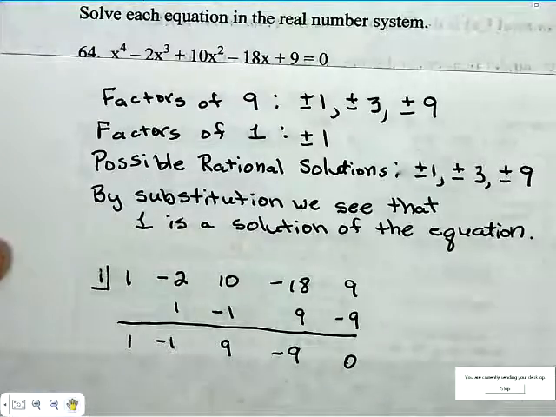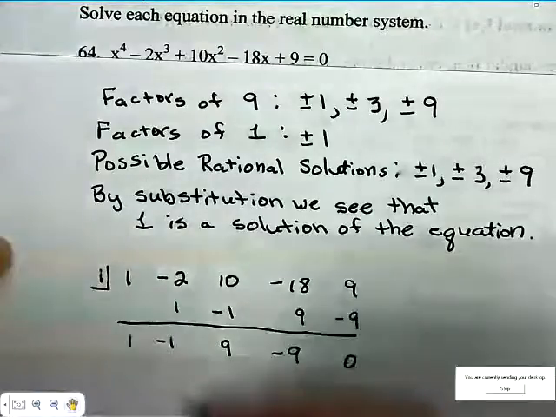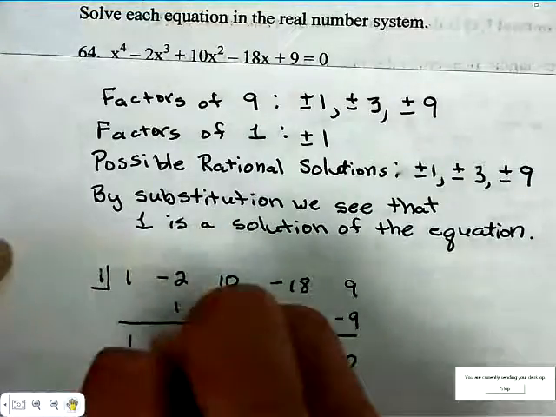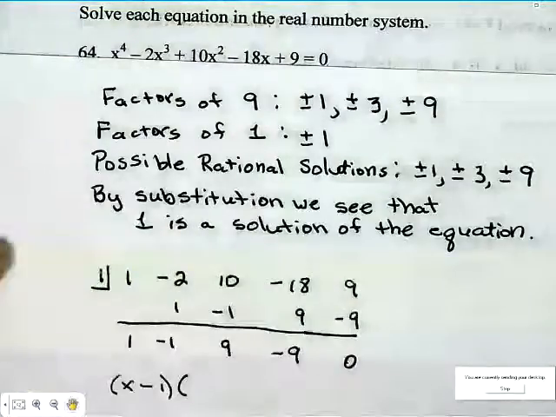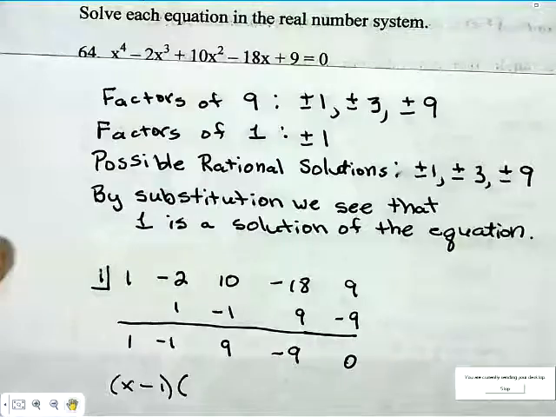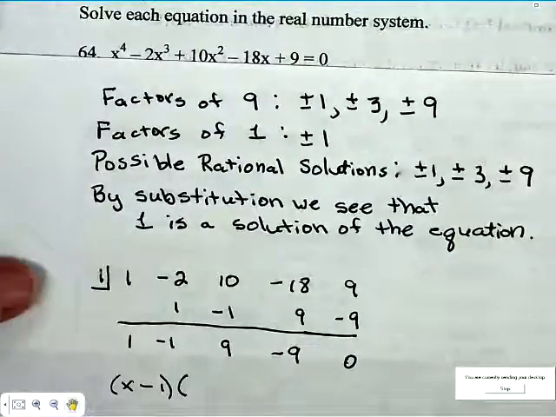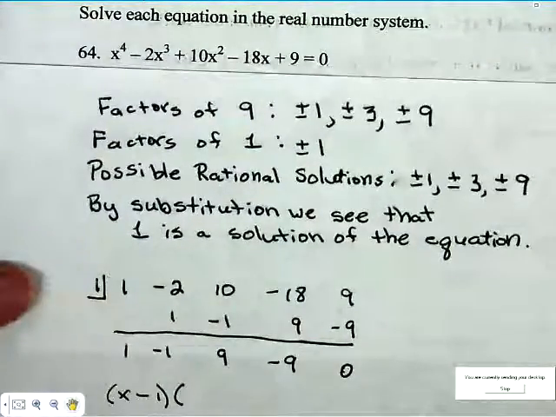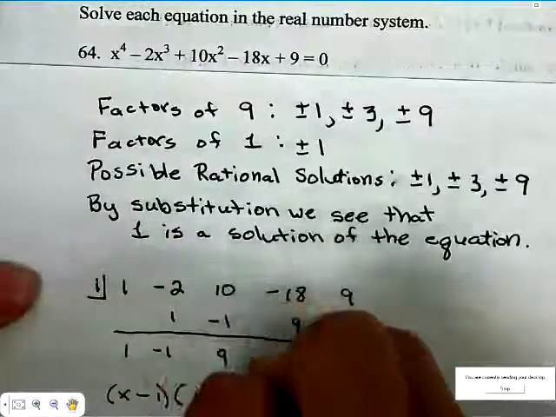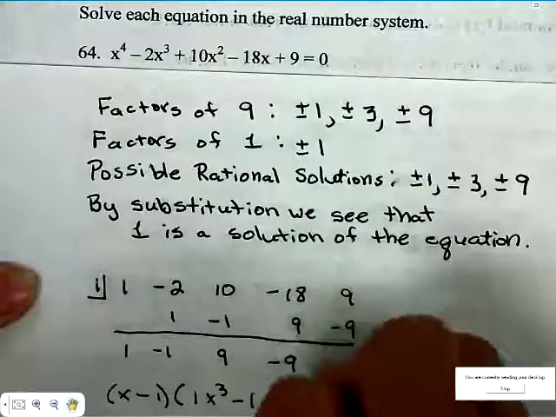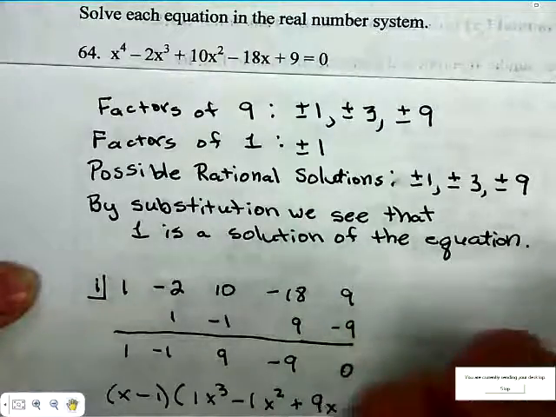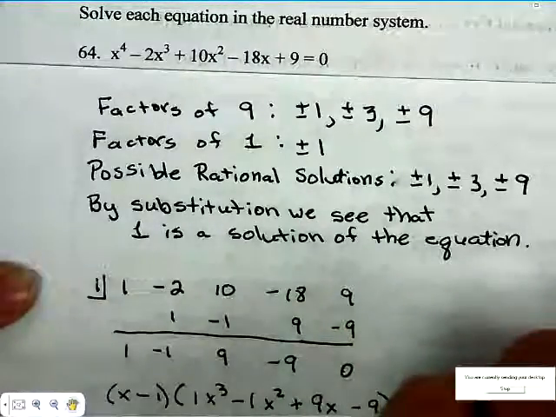What's the linear factor? X minus 1, times what other factor? And that still equals 0.